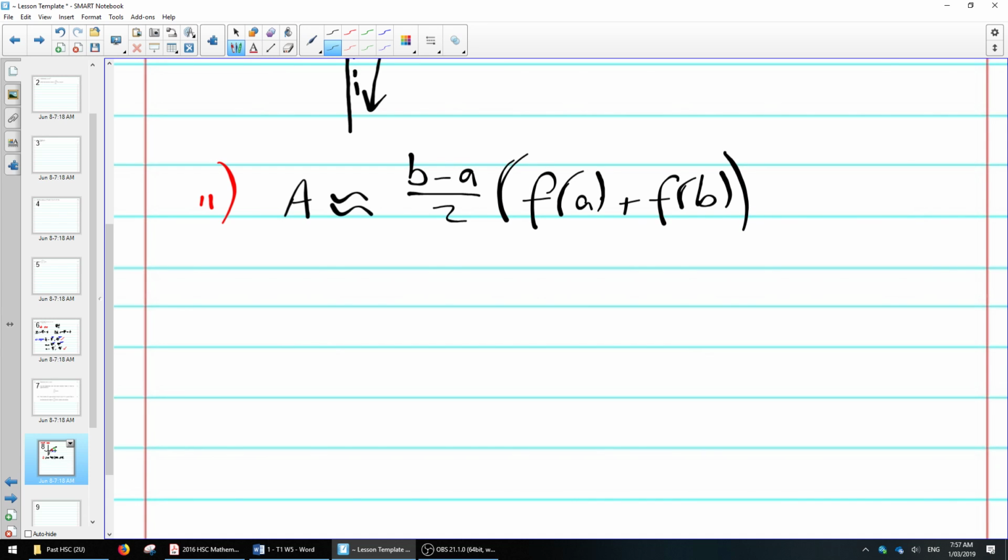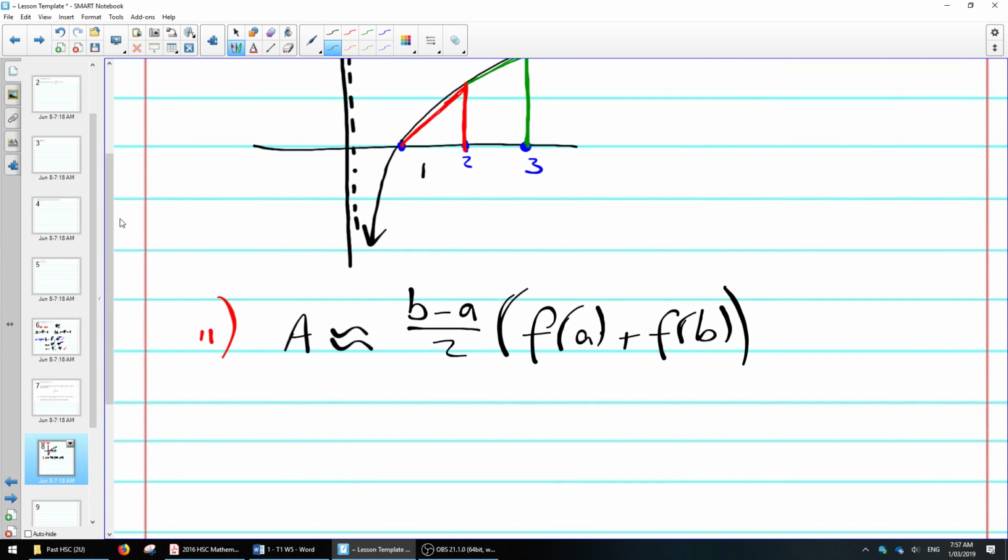That's on the formula sheet. But basically, for each application, we find the distance between the 2 function values. So here we find the distance between 1 and 2, which is obviously 1. And then we're finding the y coordinate at 1, finding the y coordinate at 2, and then we add them.